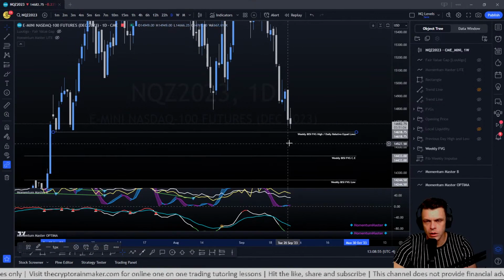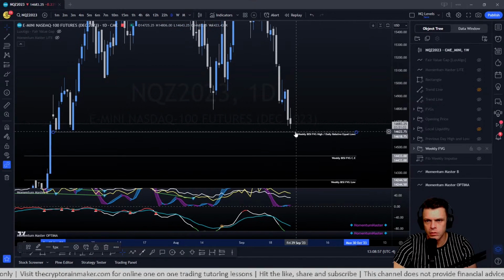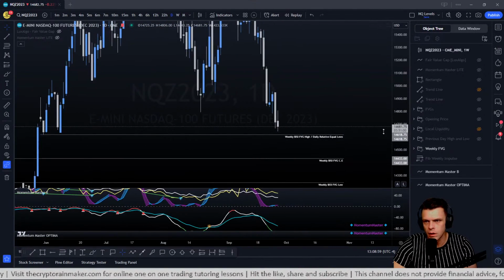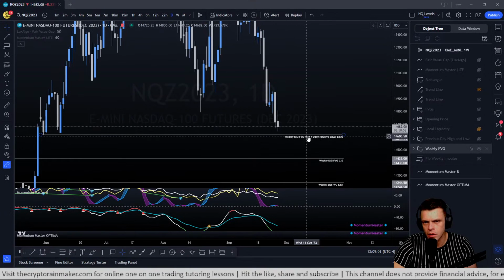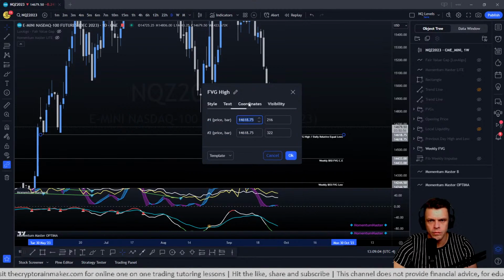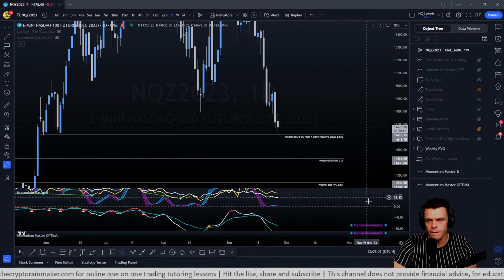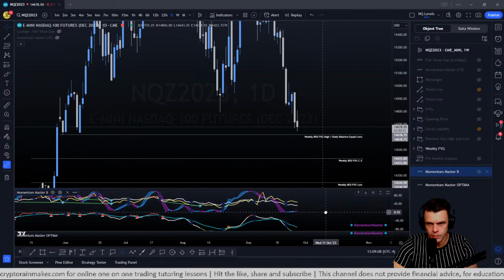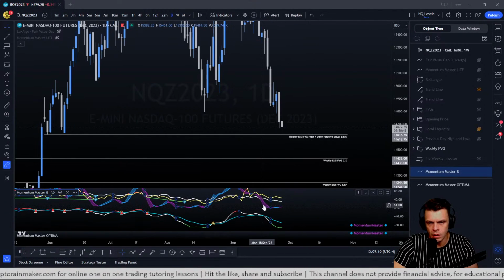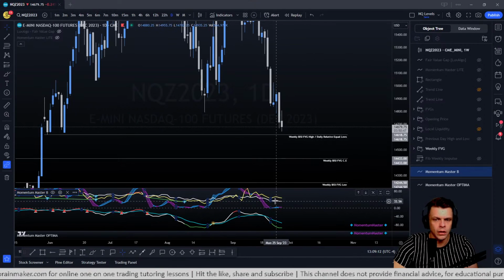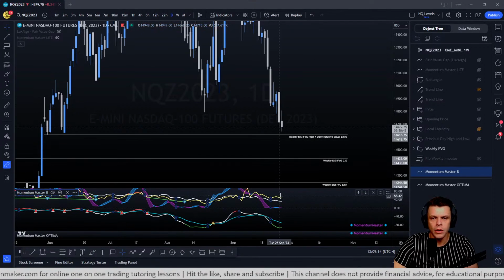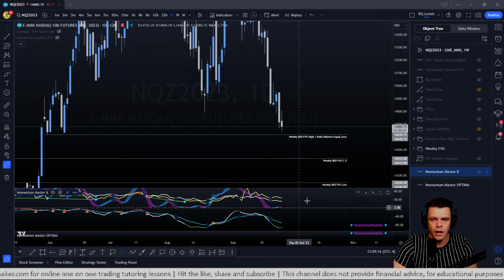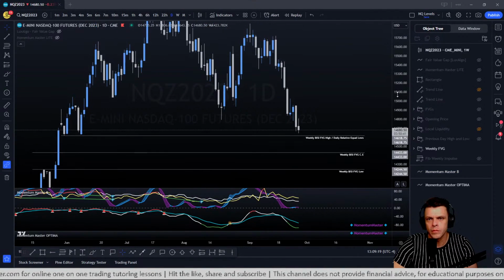So I think we could potentially still see this level today at 14,618, I think it is. Yes. So the money flow is still above the RSI. So we want to see the money flow reset below the RSI and then make a push to the upside.